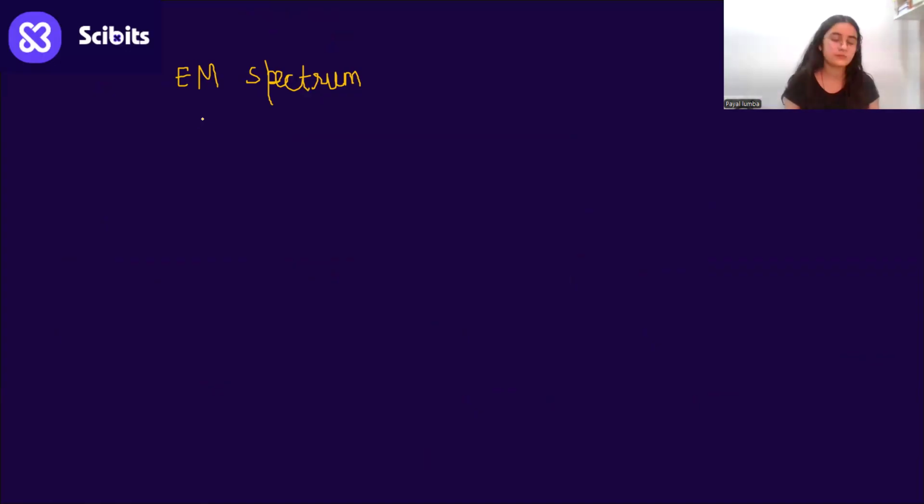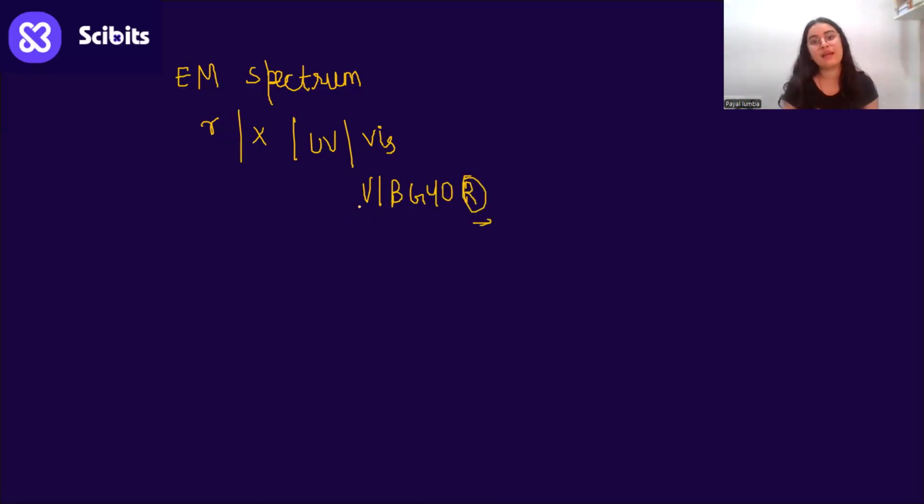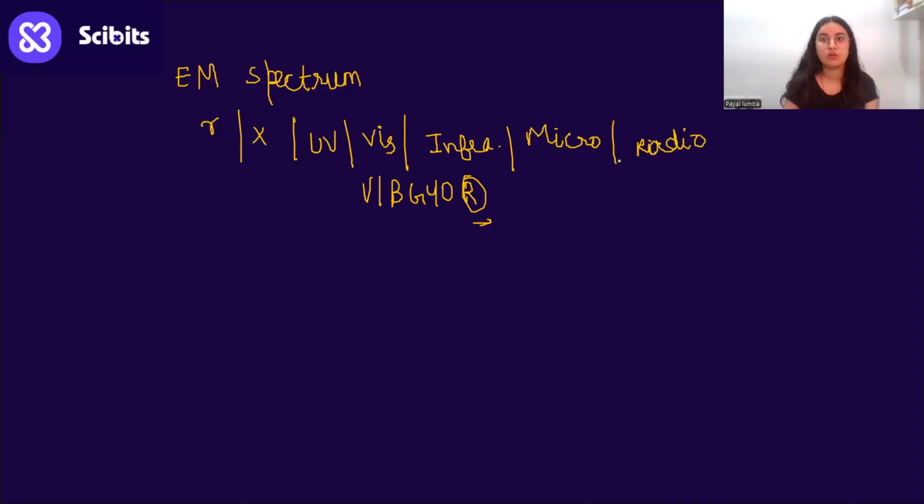So first of all, there will be gamma rays, then X rays, UV rays, visible rays, VIBGYOR. Red will have more wavelength than violet. Then infrared rays, then microwaves, then radio waves. So when we move from this side to this side, the wavelength increases.